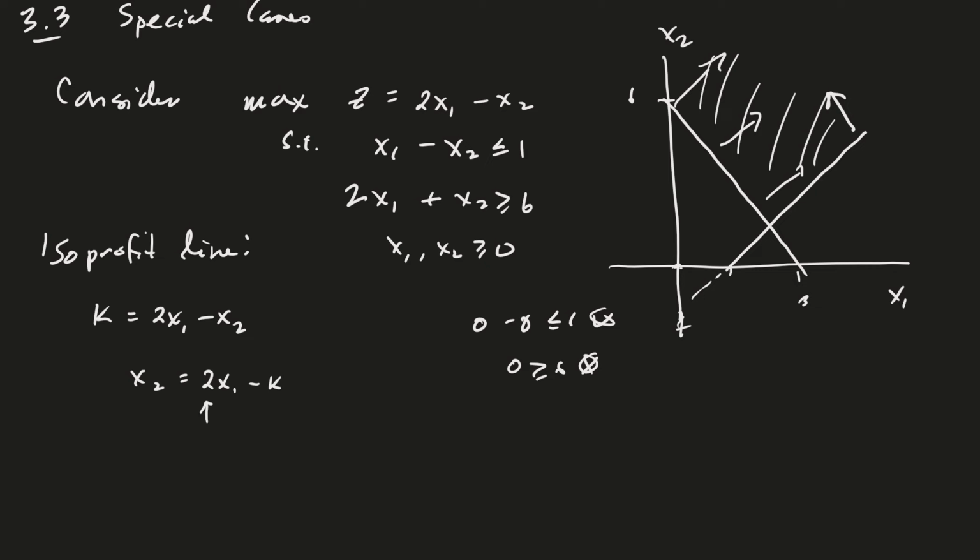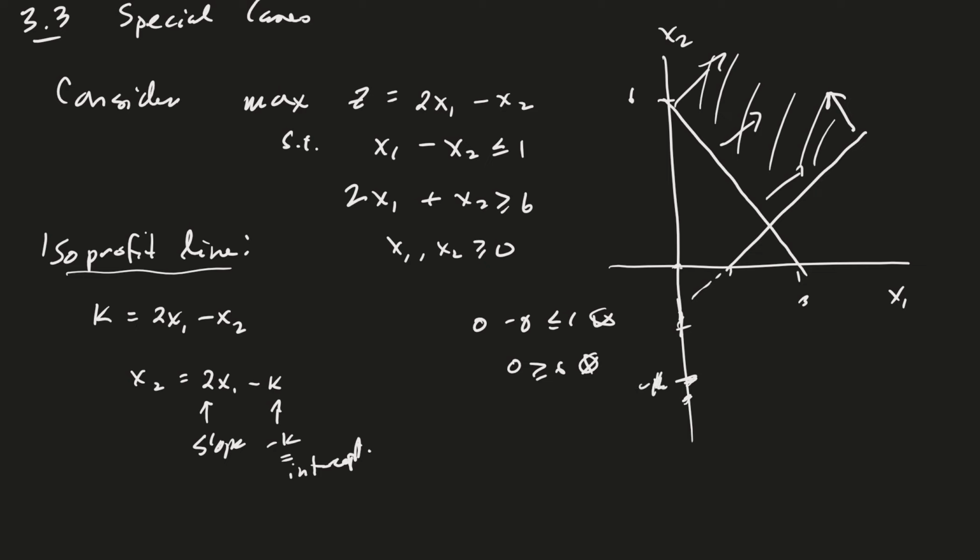So the isoprofit lines have a slope of 2 and an intercept of -k.